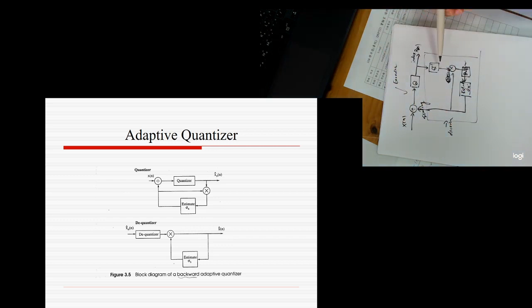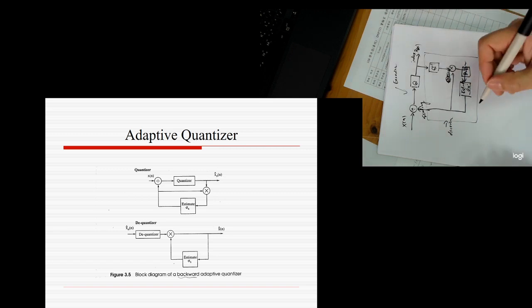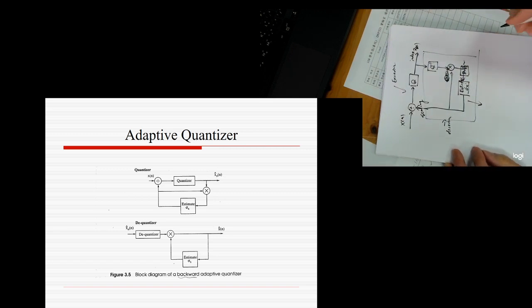So we are based on the previous dequantized data, trying to estimate your dynamic range change. Because we do not have additional overhead to inform the decoder how to do the adaptive, our adaptive is based on our decoding signal.